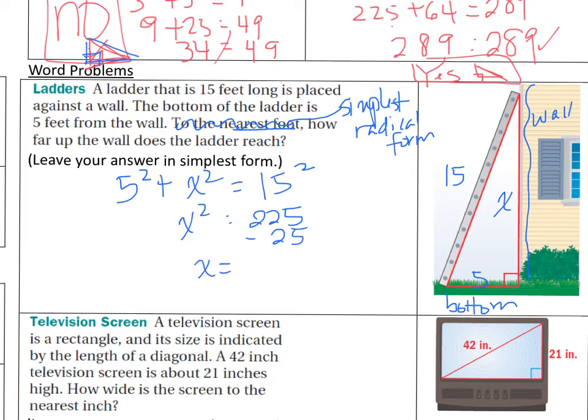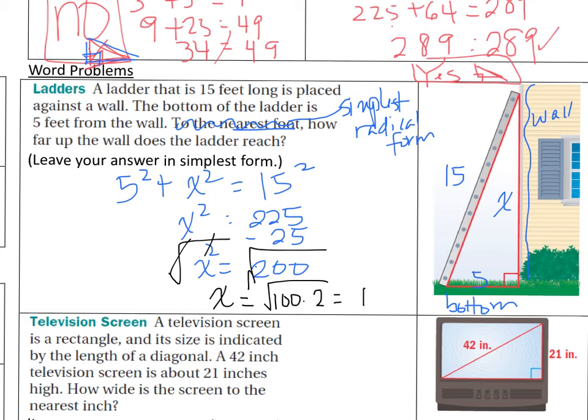X squared equals 200. And then we're going to take the square root. X equals, so you have 100 times 2, so that's 10 square root of 2 feet. And we'll just leave our answer like that. We don't worry about rounding.